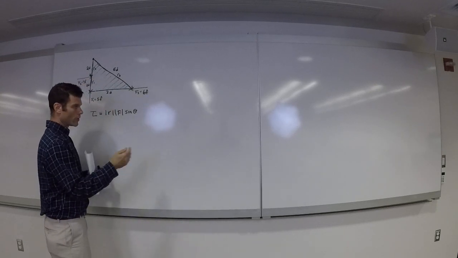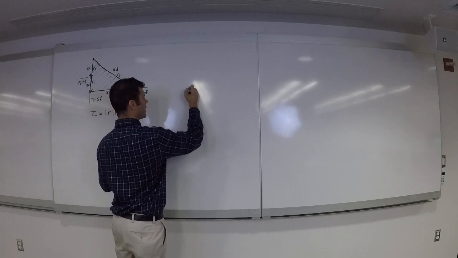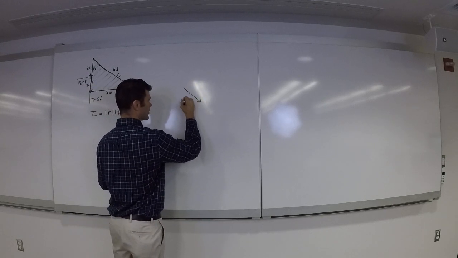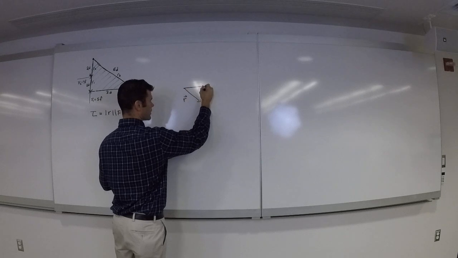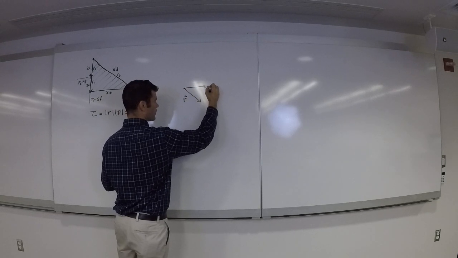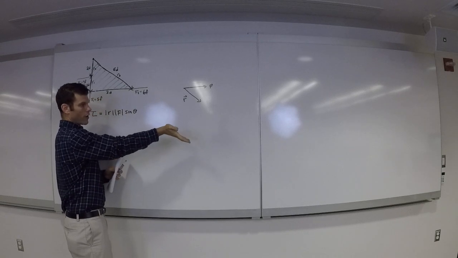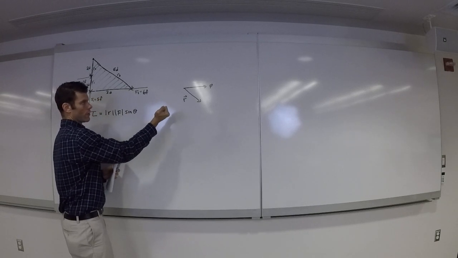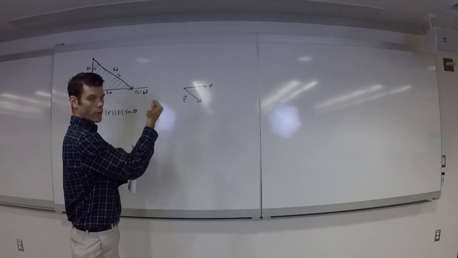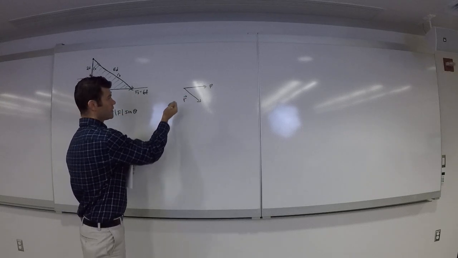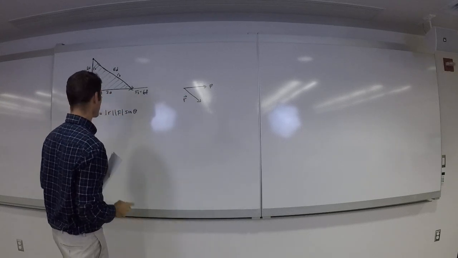So let's imagine that we have a position vector like this, and a force vector like this, and we curl from R to F. That means the resultant will go outwards, right? So the torque will be generated out of the board.